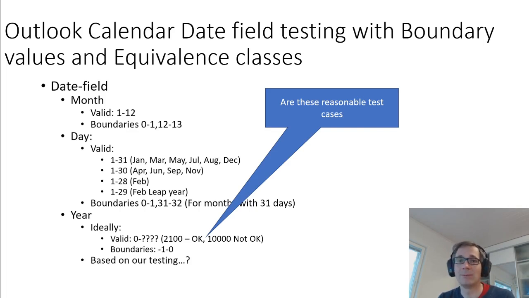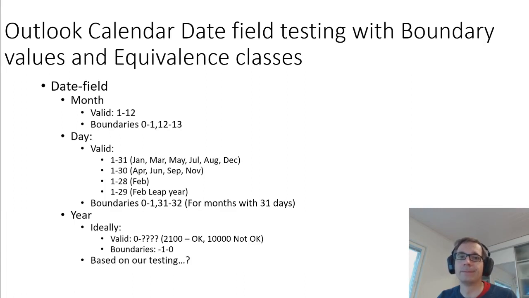And of course the same goes for the future as well. So this is really use case dependent, and we can see that it works on values greater or equal to 0. So there is a possibility to create historical events. It's also possible to create events way into the future. 2100 was working, but 10,000 was not.